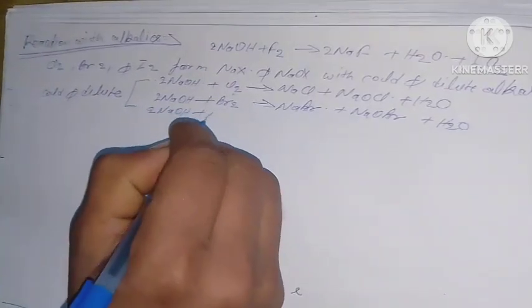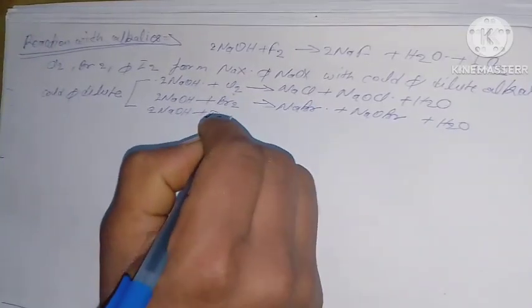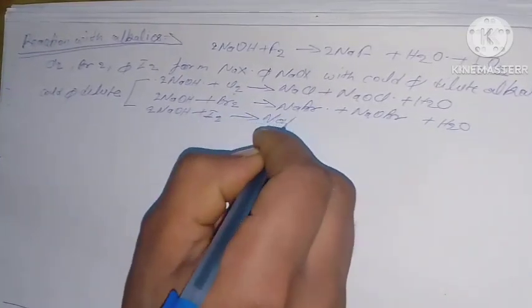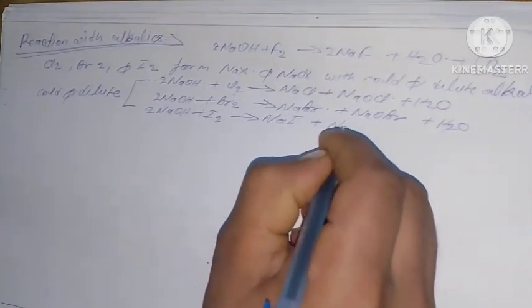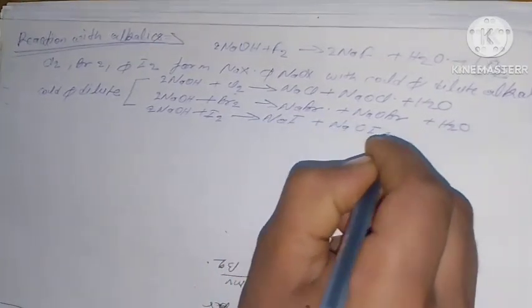2NaOH plus I2 makes NaI, sodium iodide, plus NaOI.